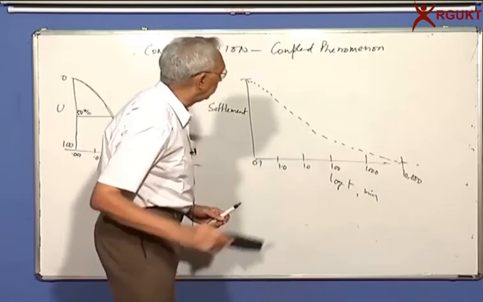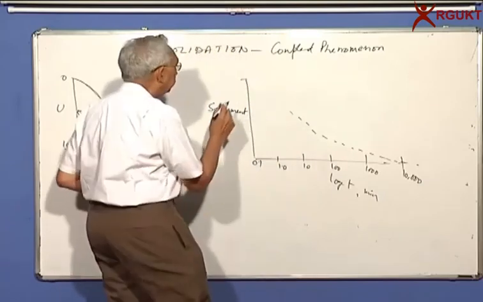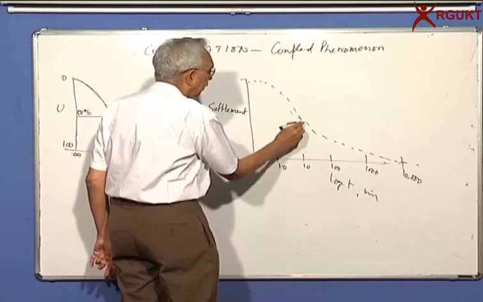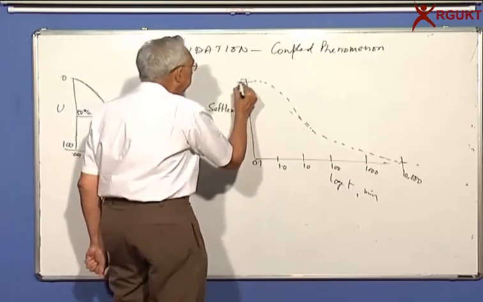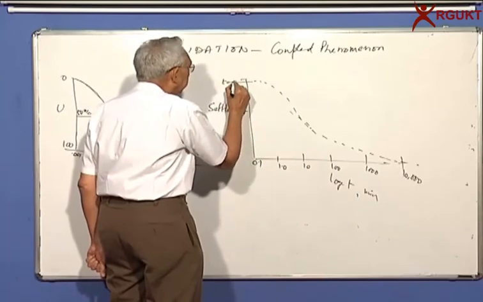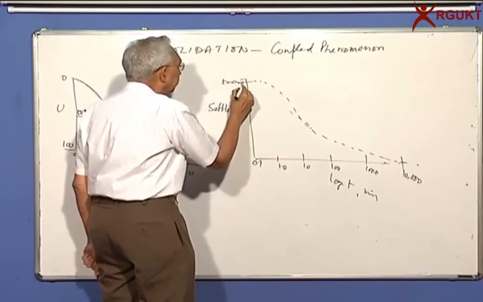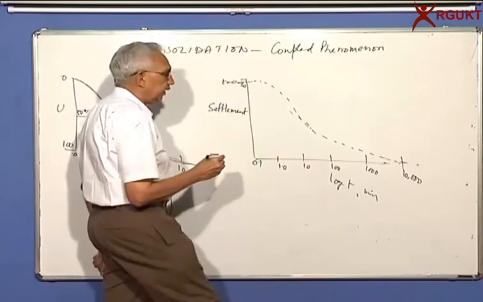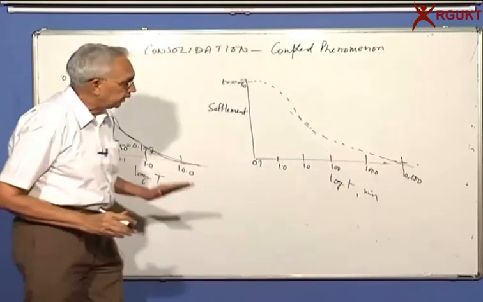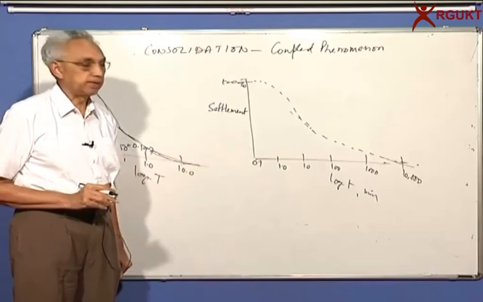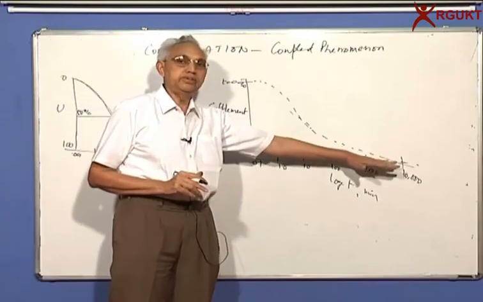Maybe a little more shape here. Because this is stretched, you get something like this. So if I know the initial value, this is at t equal to 0, the settlement, which means S0. What we say is that this line, unfortunately, is not asymptotic to the time factor, but it is continuing to deform.